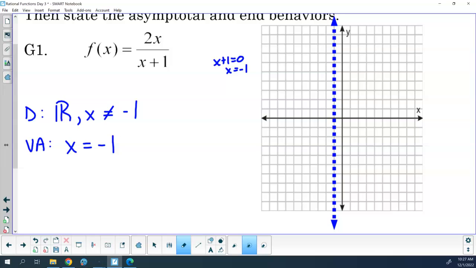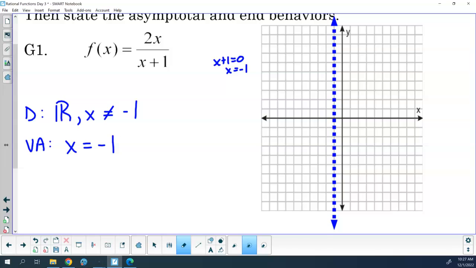Okay? Step number 2 says what? Horizontal asymptote. What's the degree of the top? 1. Grab a piece of graph paper. Degree of the bottom? 1. So those are the same, right? So my lead coefficient on the top is 2. My lead coefficient on the bottom is 1.